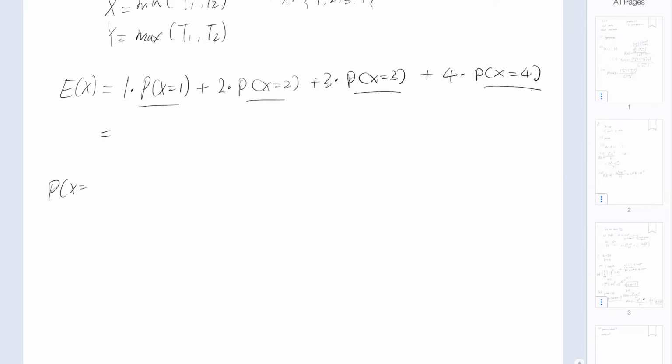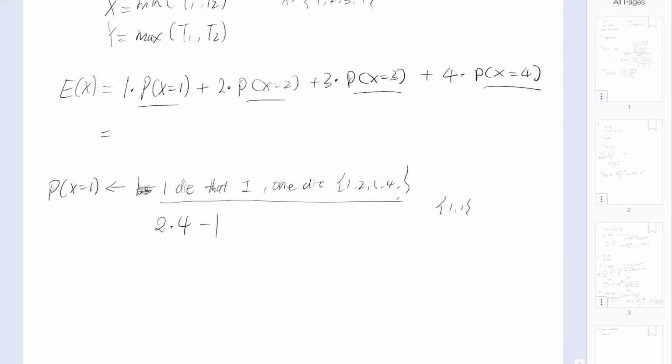For the probability of X equal to 1, that means one die should be 1, and the other die is 1 or 2 or 3 or 4. But remember, if we do 2 times 4, that is wrong, because that counts 1 and 1 twice.